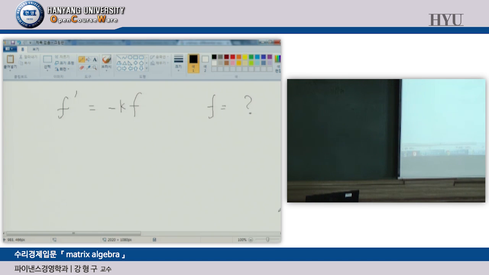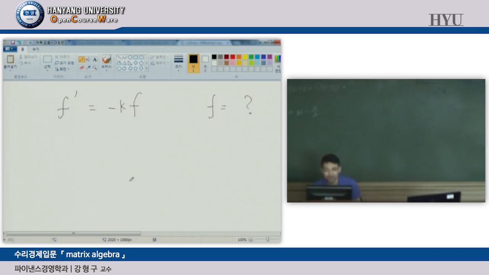Well, I already gave a hint: e to the x, right? If we take the derivative of e to the x, then it is e to the x. This is the convenient property of e to the x.